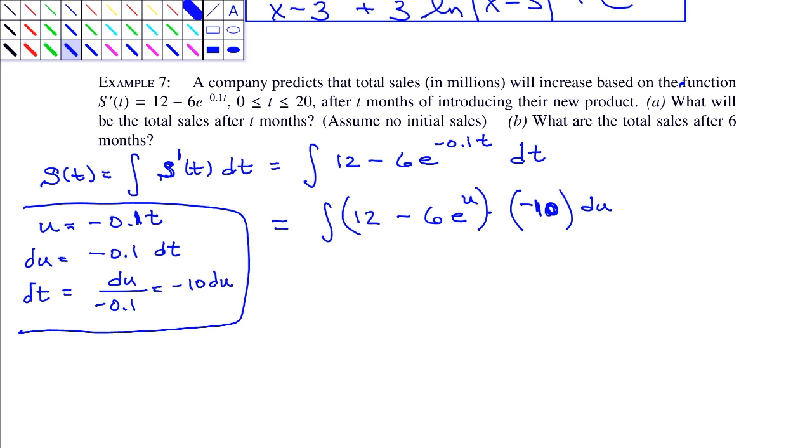So in parentheses, 12 minus 6e to the u times negative 10 times du. Now we can either move the 10 to the front or we can distribute it. What is your preference? Distribution. All right. So this is going to be negative 120 plus 60 e to the u du.